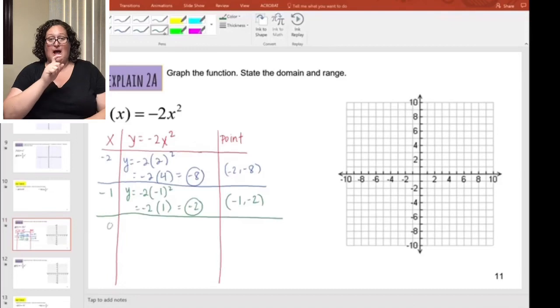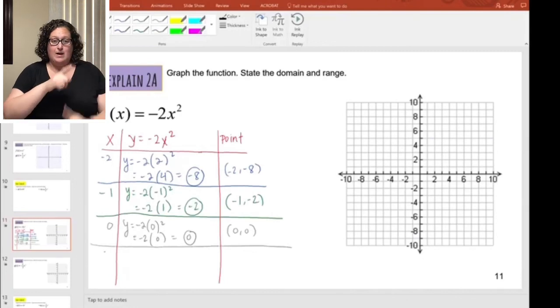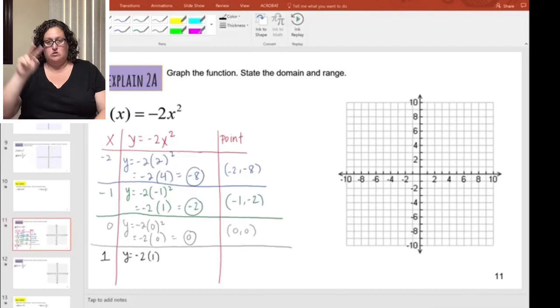When x equals 0, y will equal negative 2 times 0 squared. That's negative 2 times 0, which gives us 0. Our third point is at 0 comma 0. When x equals 1, y will equal negative 2 times 1 squared, which is negative 2 times 1, and that's going to give us negative 2.